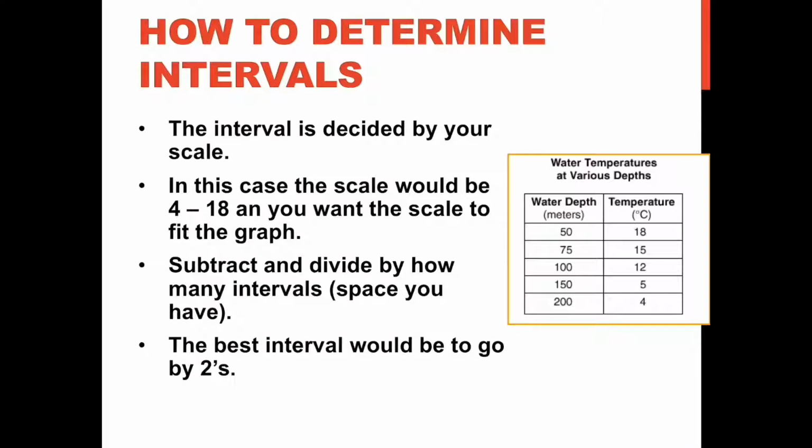For the case of this data table, our best would be to go by 2s. Ultimately, again, the decision is yours, but generally you want to make your intervals so that you can stretch your graph out as far as possible within the space that you're given.